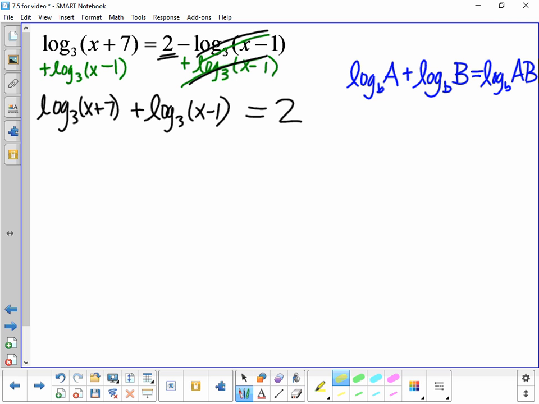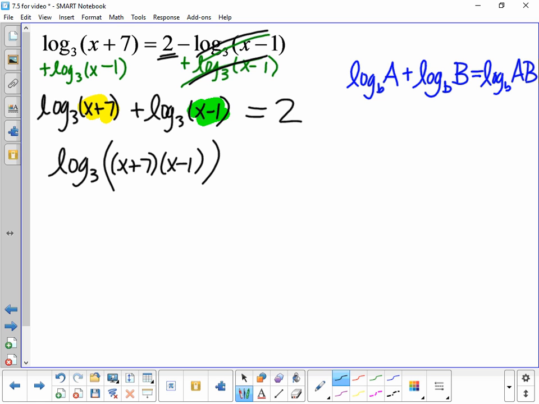I have an x plus 7 and I have an x minus 1, and we have to multiply them. So it's the log base 3 of an x plus 7 times an x minus 1. And that's still equal to 2. All I did was condense it into a single logarithm.